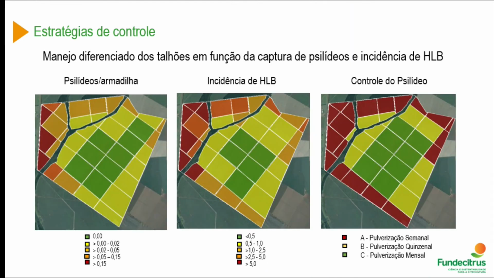We can use that to help us, and obviously knowing that we have more psyllids found at the border of the property of the farm, and that will bring us more plants with greening and HLB, our control strategy in the farm should be different as well.